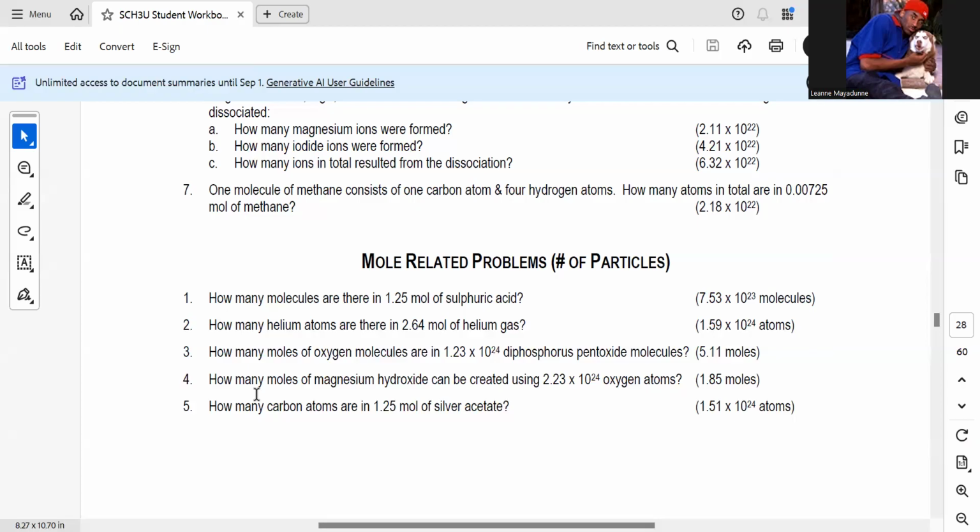Simplest form of an element is an atom. Exception: molecular elements. And which are molecular elements? That is hydrogen, fluorine, chlorine, bromine, iodine.